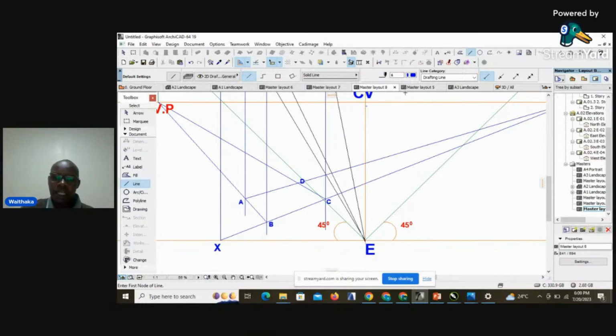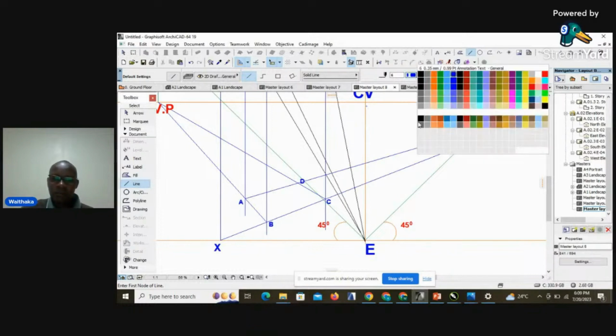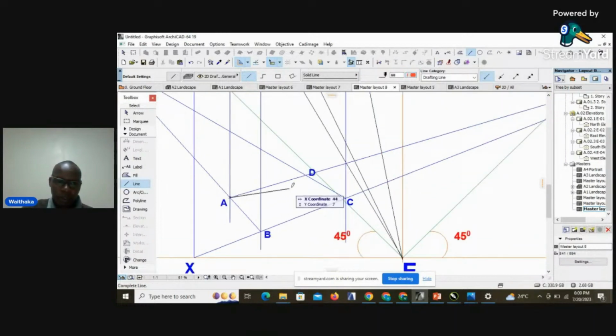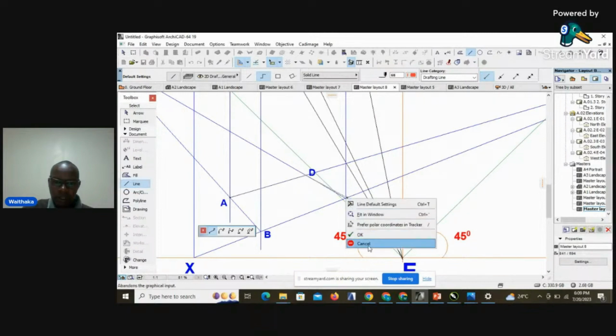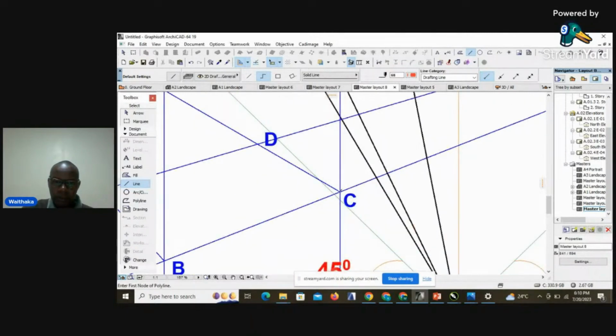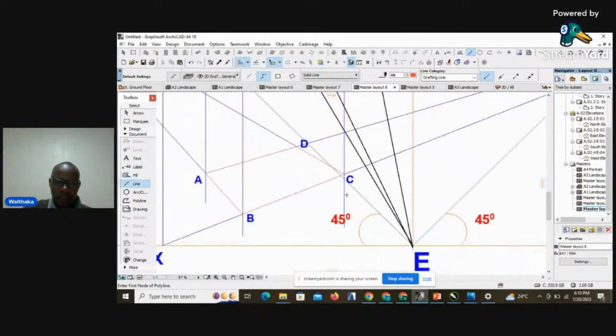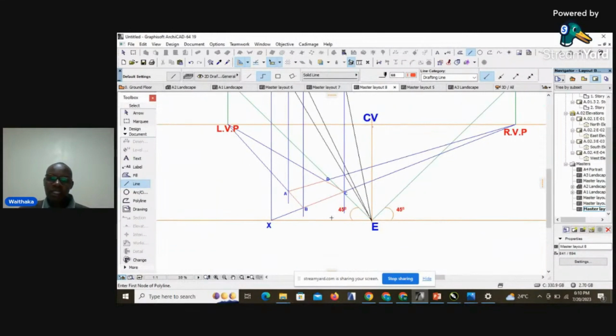And maybe I can just highlight it. Maybe I can use red again so that it's a little bit visible. And that now is the base of the cube.